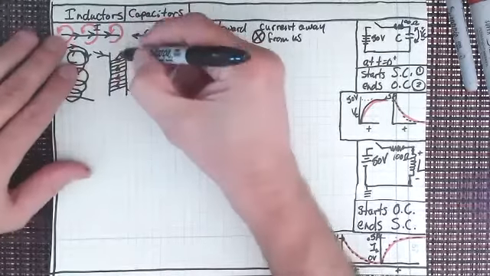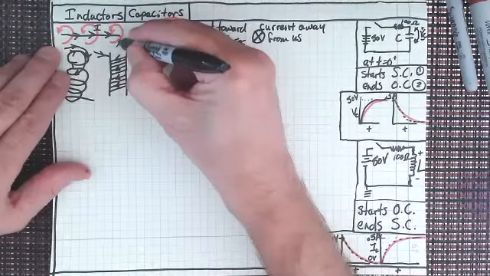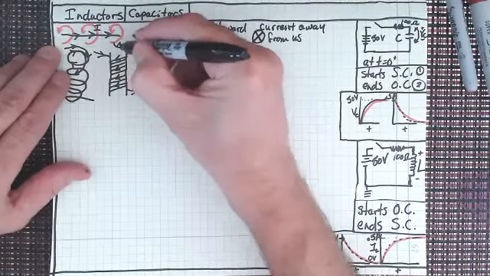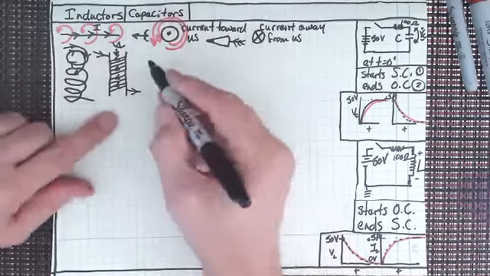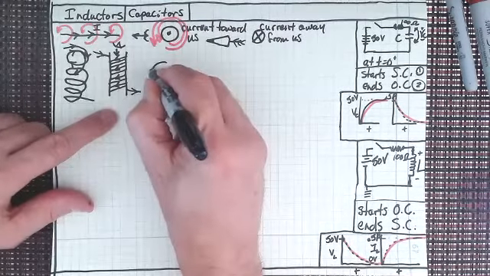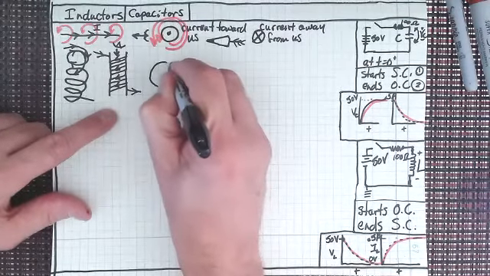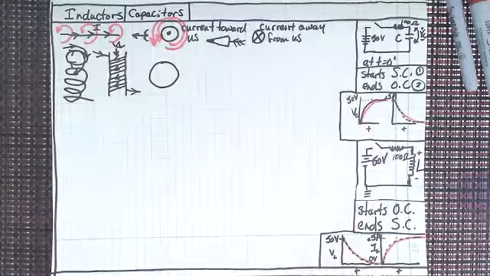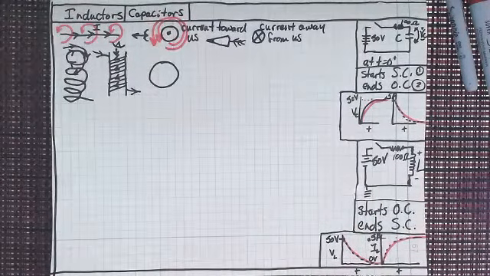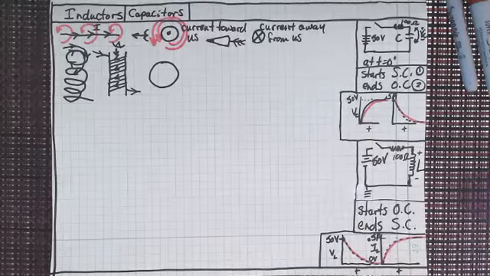Let's look at this then from the top. Let's do another look down into the bottom there, and then I'm going to put the thing that I'm wrapping it around right there, and then I'm going to put my wire that I've wrapped around that.